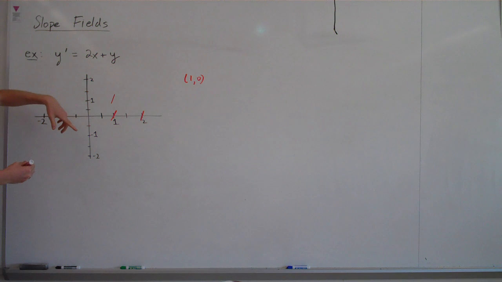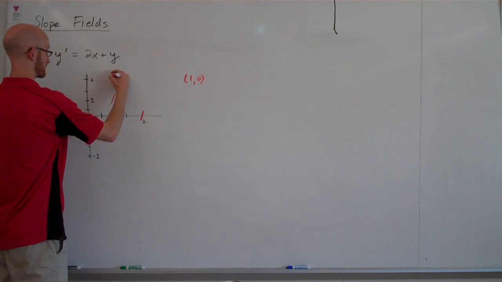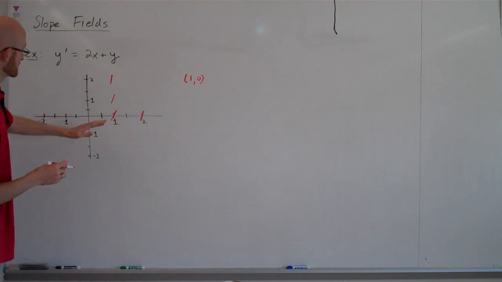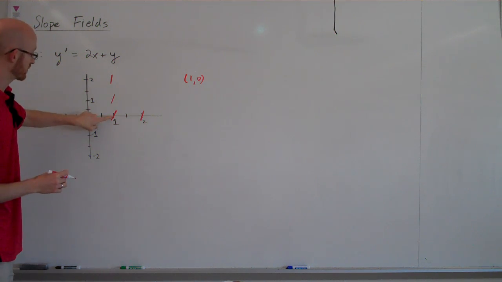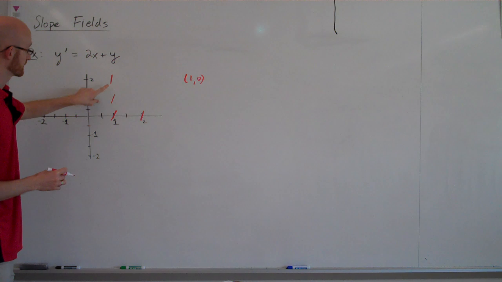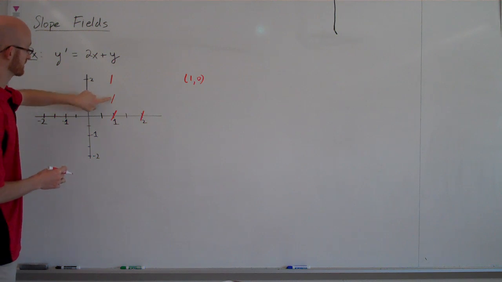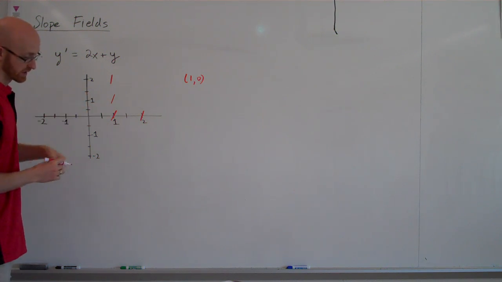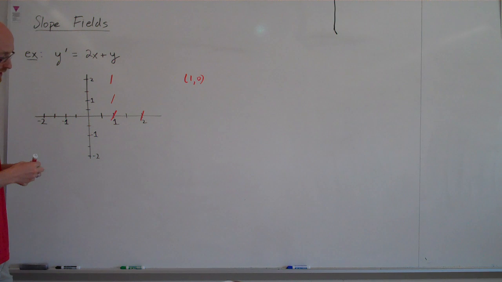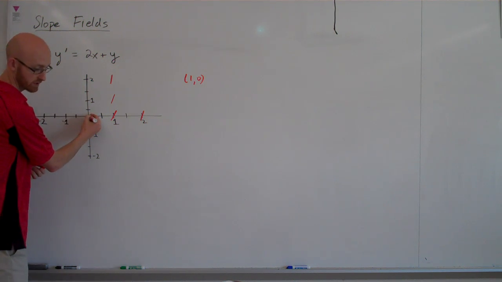1 comma 2 would be a slope of 4. So you can see that that point has a higher derivative than that and than that. And even 0, 0 has a slope of 0.